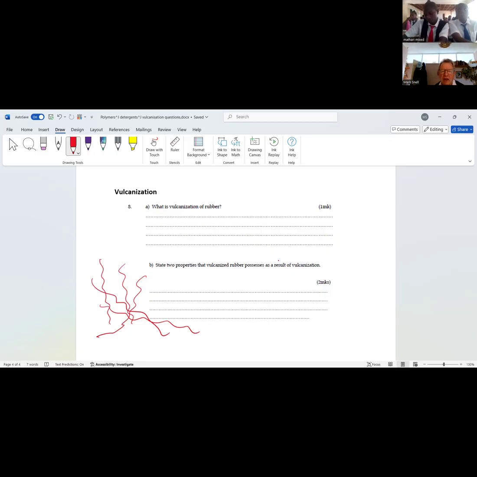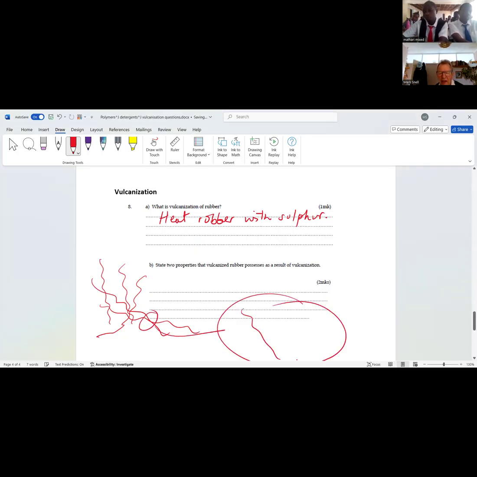When we vulcanize it, we heat the rubber with sulfur. What the sulfur does is, I'm going to look at one little bit of this, so I'm going to make this bigger over here.